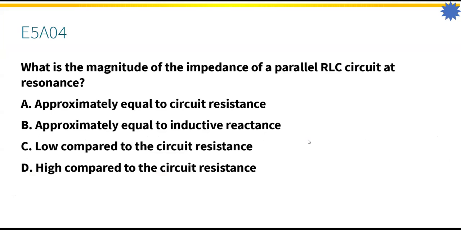What's the magnitude of the impedance of a parallel RLC circuit at resonance? So remember, we're thinking of parallel resistances, or reactances, impedances, I should say. So we're going to have a very high impedance in the LC in parallel with a resistor. So what's the result? It's going to be high. Double that. Alpha.